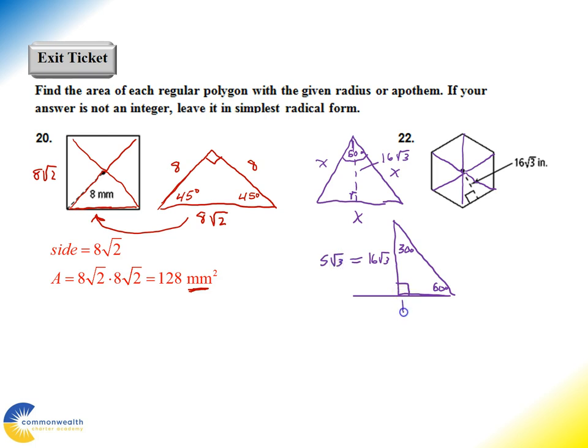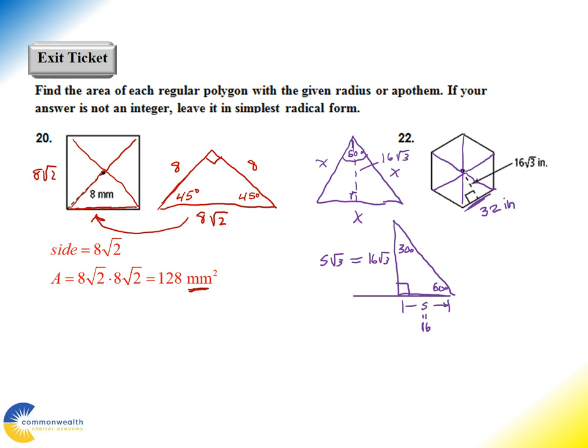That means that the shortest side, S, should equal 16. Well, I have to remember that shortest side, S, is half of the total length. So each side is 32 inches.